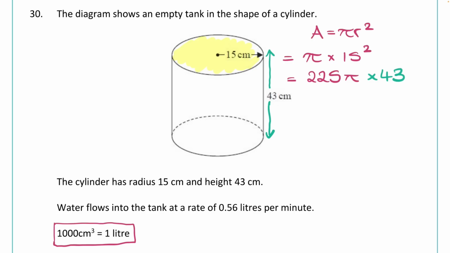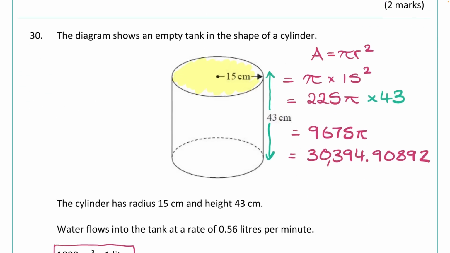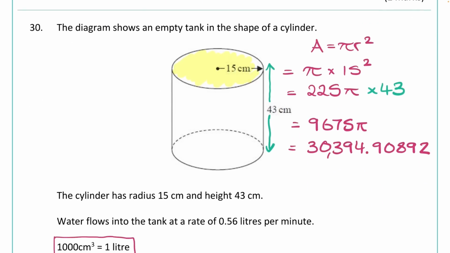And that, for me, again, you can write this out as a decimal, or you can leave it in terms of pi, but that comes out as 9,675 pi, or as a decimal, it comes out as 30,394.90892. So that is the volume of the cylinder, the area of the cross-section multiplied by the height, or the distance that it passes through the shape. And again, knowing to use the area of a circle formula in this particular question is the really key part there.